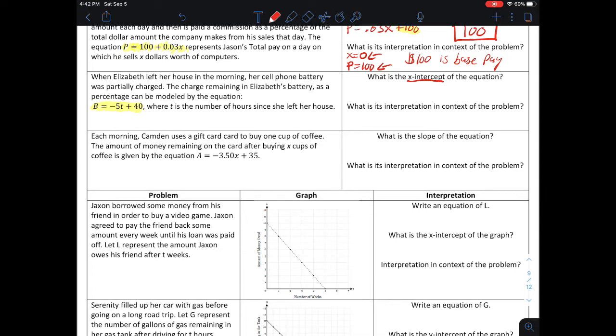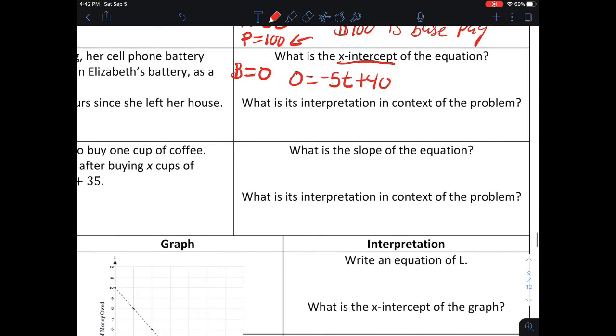Well, we cannot easily identify the x-intercept of this equation because our slope-intercept form only tells us the slope and the y-intercept. The x-intercept in this case is going to be when the function equals 0, and so I have to solve for t. So I'm going to set the equation equal to 0, and then I would solve for t there.